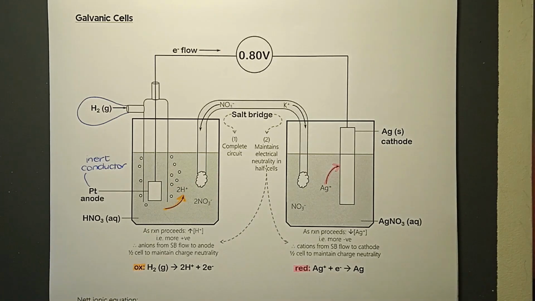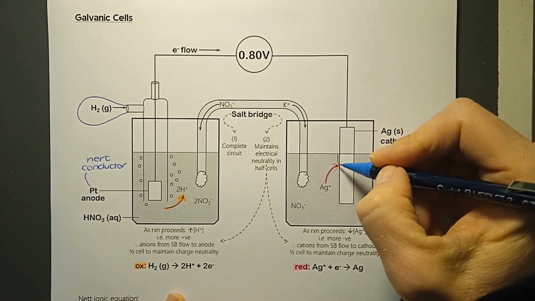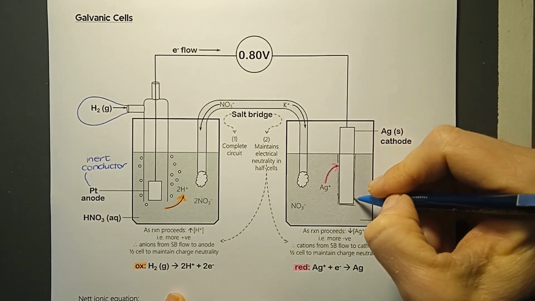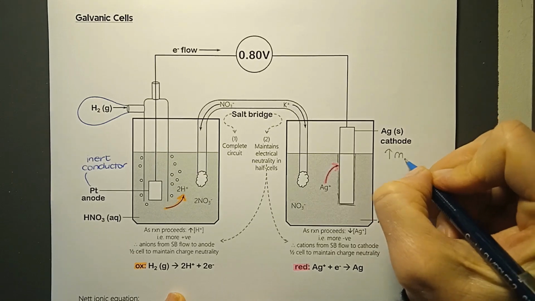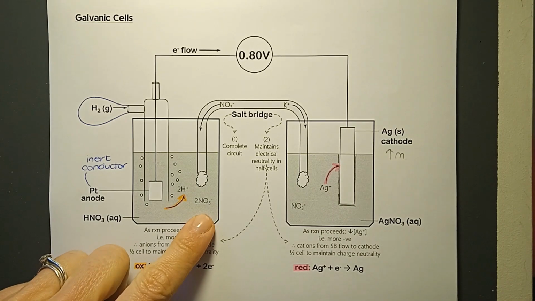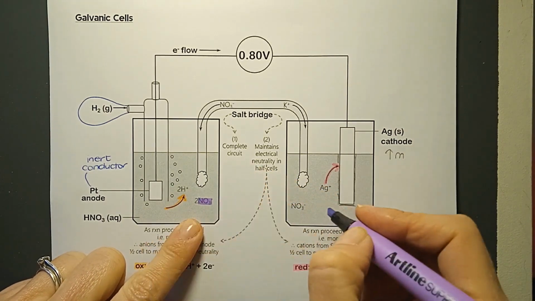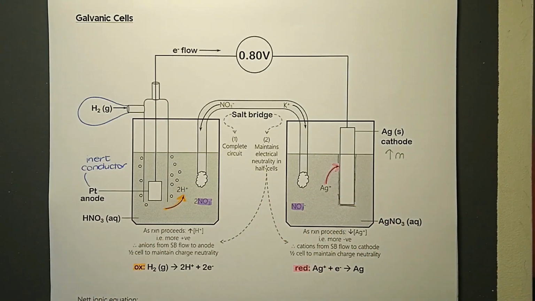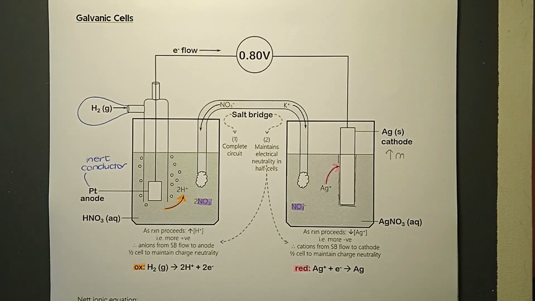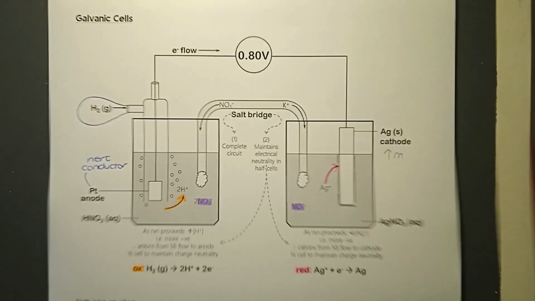So this side is going to increase in mass overall, and that side is going to decrease in volume overall. Now we can definitely see that our nitrate ions are going to be our spectator ions in this instance, and our platinum, as we said, is our inert conductor for this particular reaction.